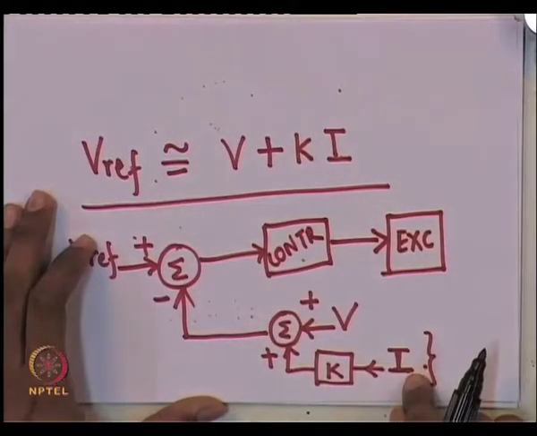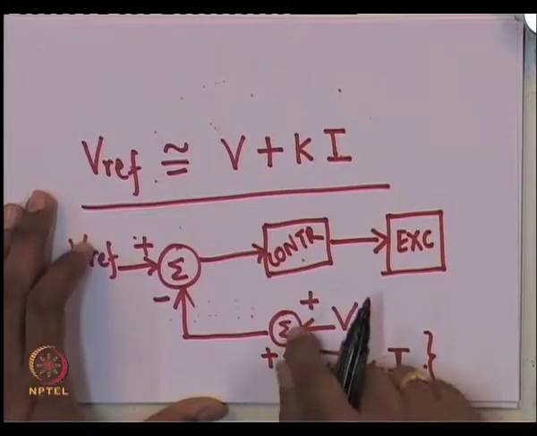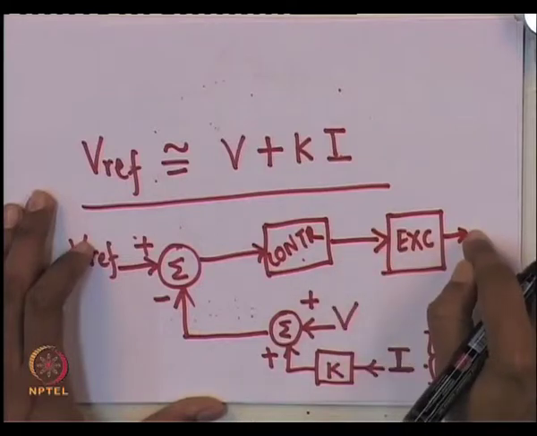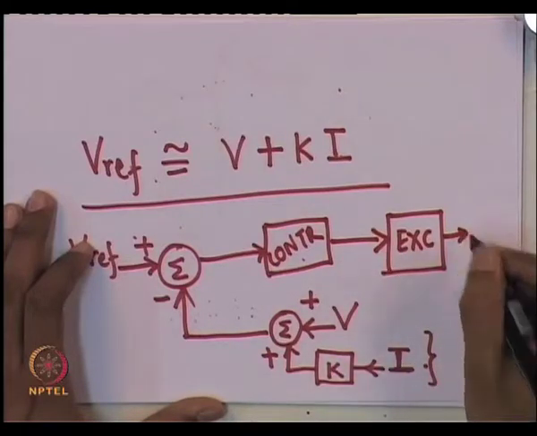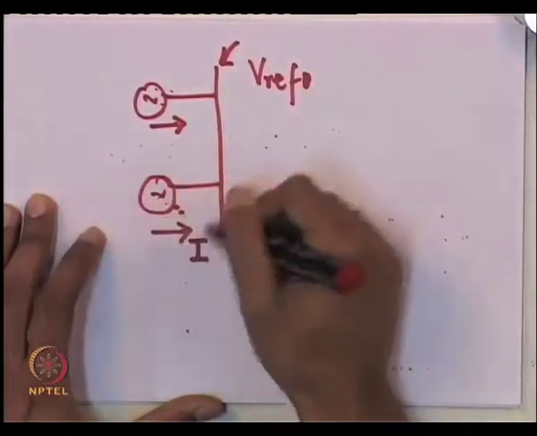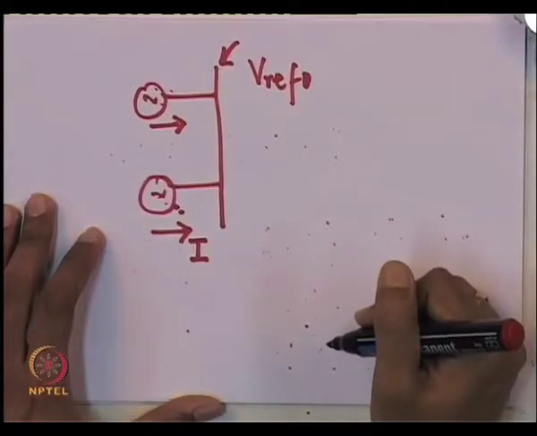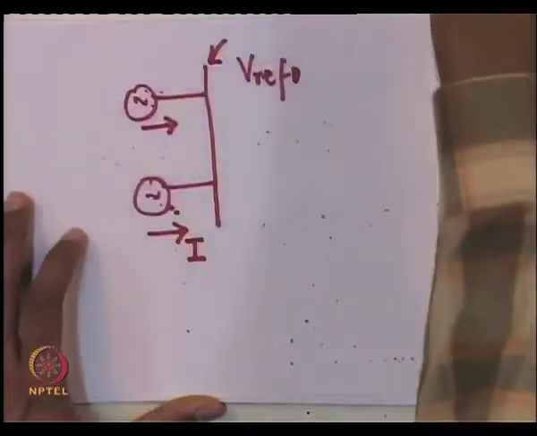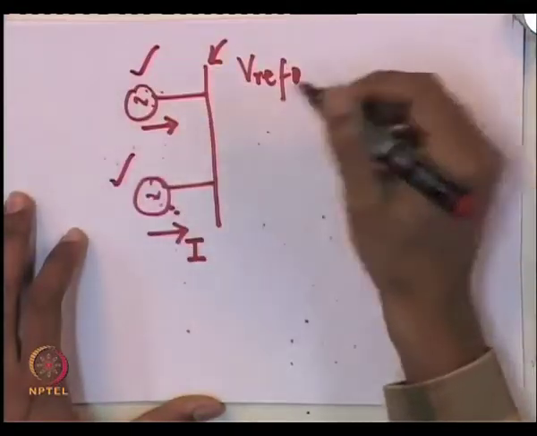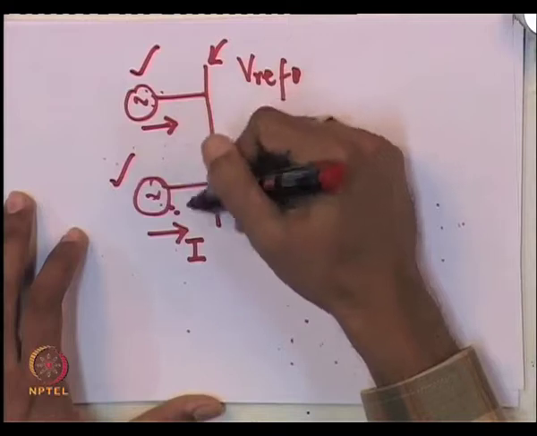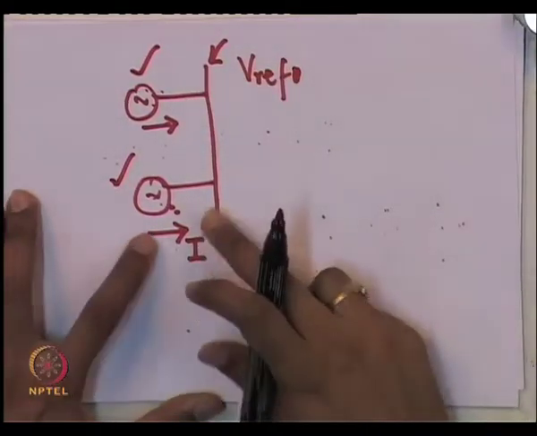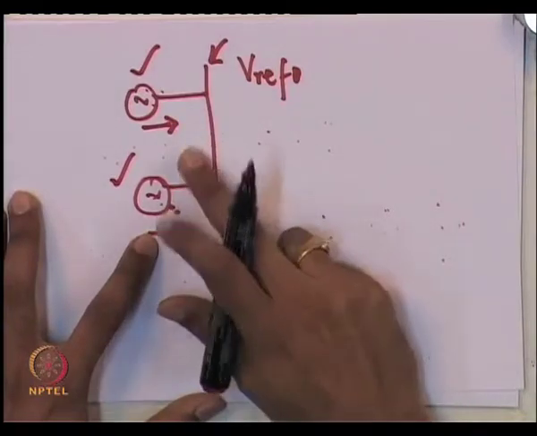If one of the generators takes on more load, it will tend to decrease the final exciter voltage, and therefore it prevents one generator from taking all the load. In fact, by choosing K appropriately for both machines, I can actually impose a proper sharing agreement between these two generators. So, no one machine pushes in more current than what is necessary.